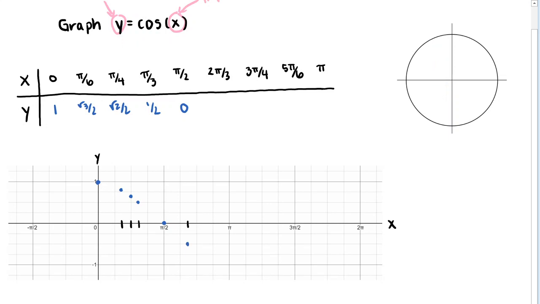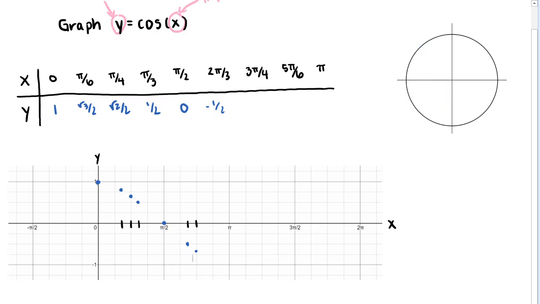And so at 3 pi over 4, we've got this x-coordinate on the unit circle. That's negative the square root of 2 over 2. And so we see roughly -0.7.